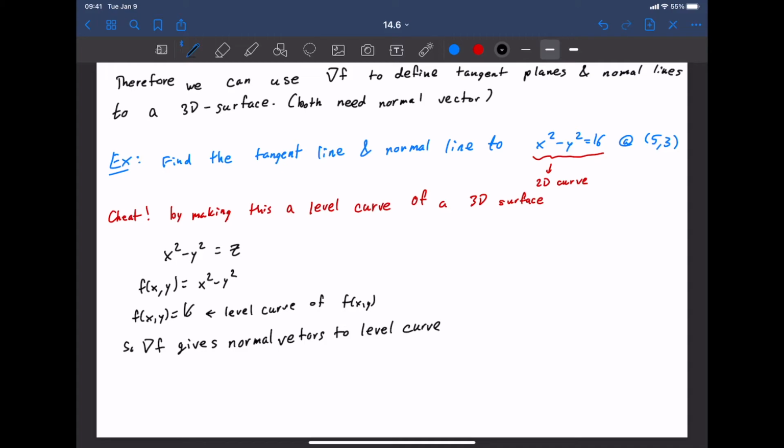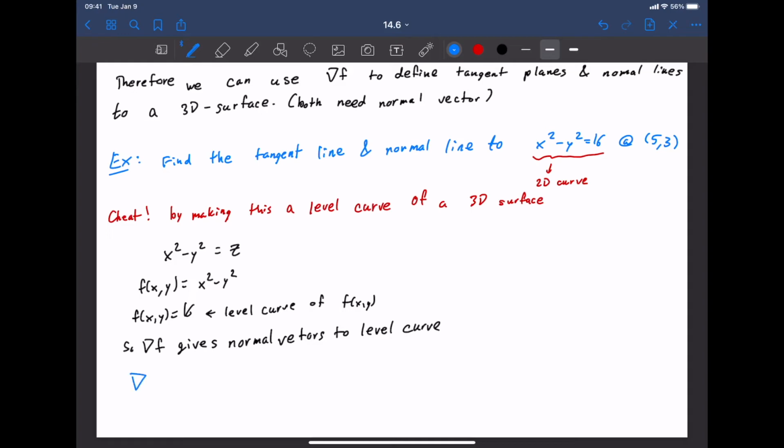The whole technique works whether it was 16 or 20 or 15 or negative 500. The technique will always give us the normal vector for a level curve or the normal vector for a level surface, regardless of what kind of level height you're looking at, what you're setting it equal to.